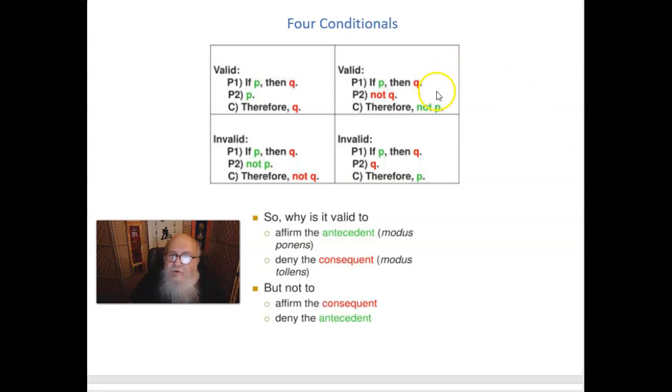We have the valid form of modus tollens, if P then Q, not Q, therefore not P, but we have the invalid form, right, the fallacy of affirming the consequent, if P then Q, Q, therefore P. So why is it valid to affirm the antecedent, which is essentially what we do here in modus ponens, and it's valid to deny the consequent in modus tollens, but not to affirm the consequent or to deny the antecedent?